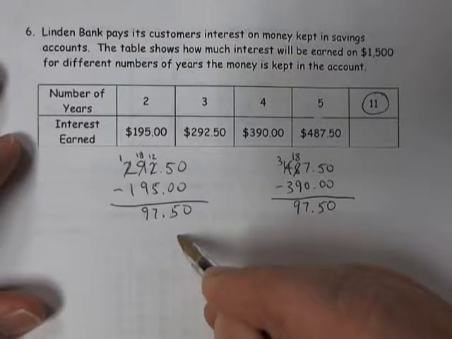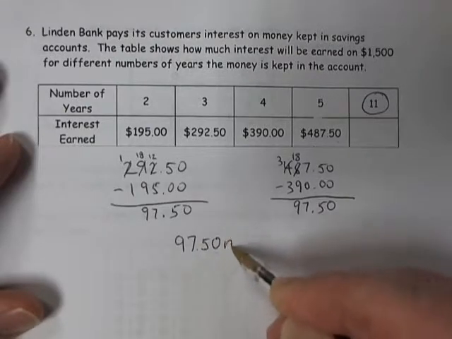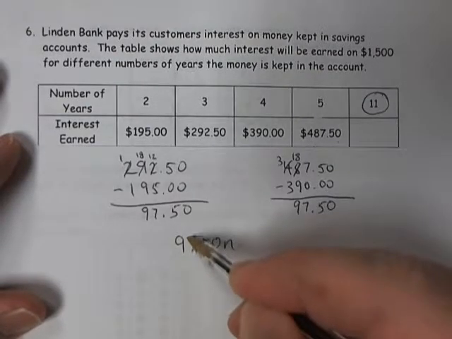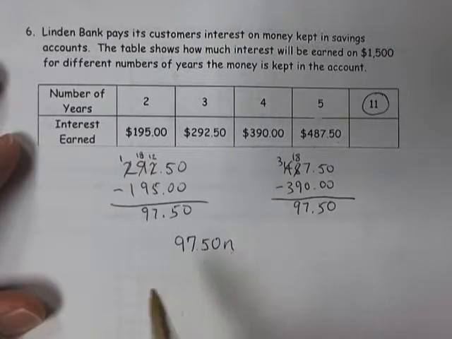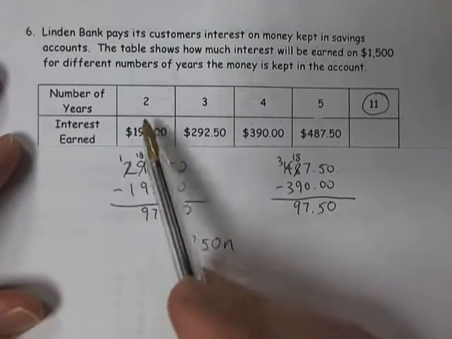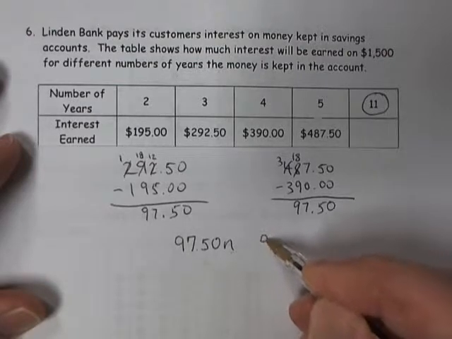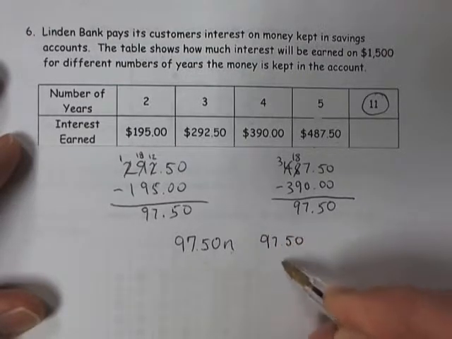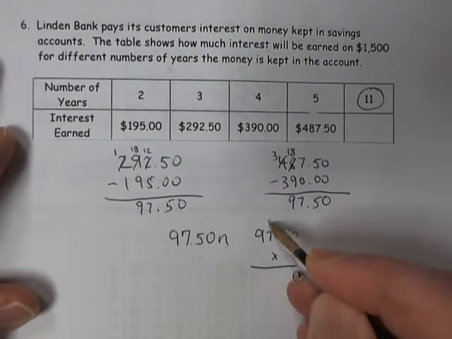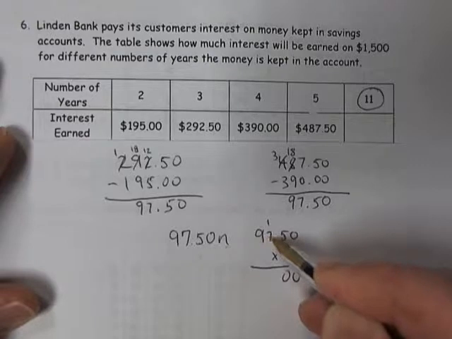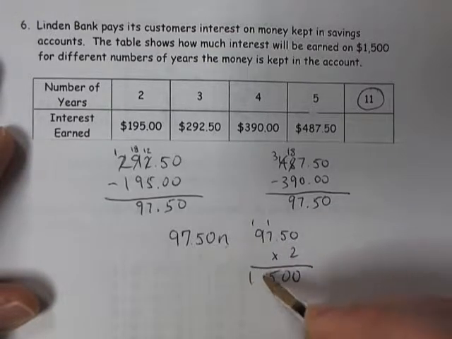Our rule always starts with a pattern and always has an n next to it. That's pretty easy: the pattern times n. Then we need to test the rule. So I'm going to plug in position 2 into the rule. $97.50 times position 2. 2 times 0 is 0. 2 times 5 is 10. 2 times 7 is 14, plus the 1 is 15. 2 times 9 is 18, plus the 1 is 19.